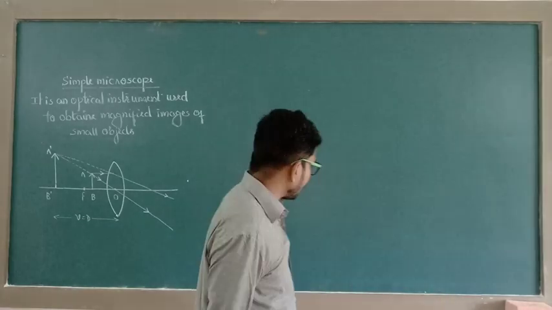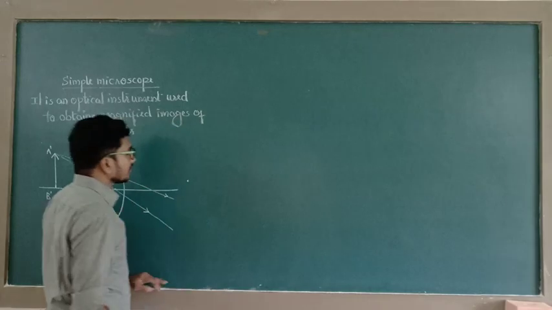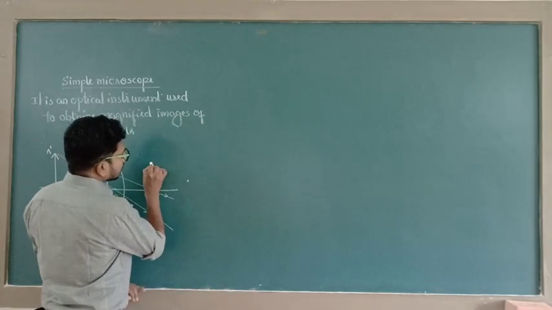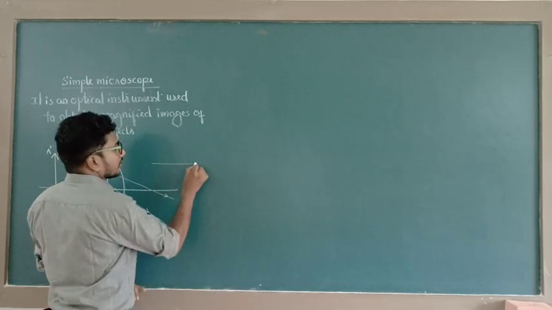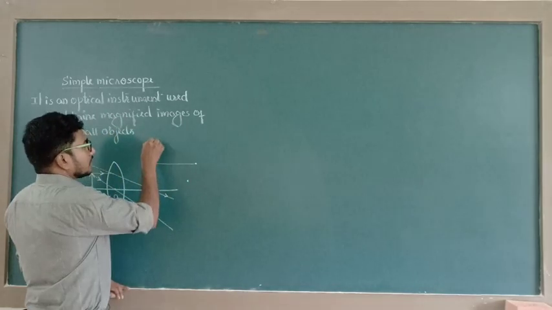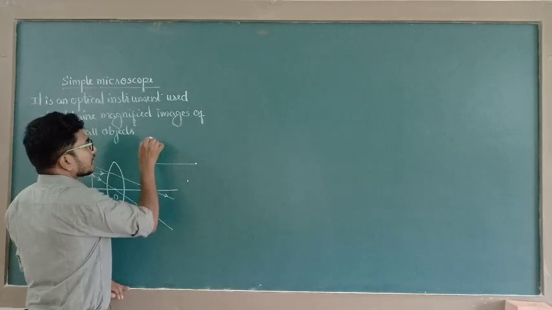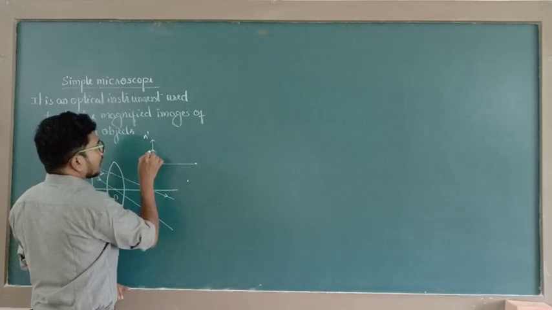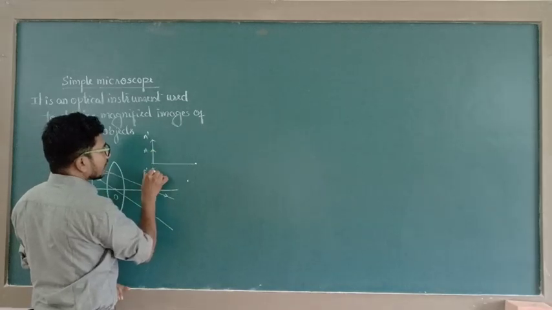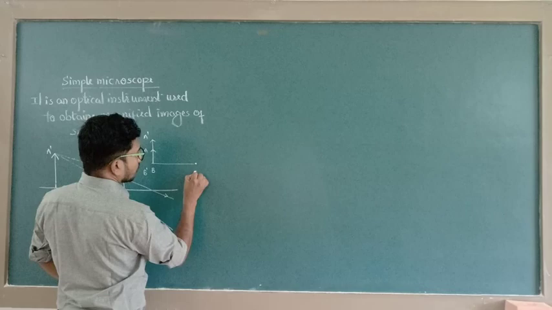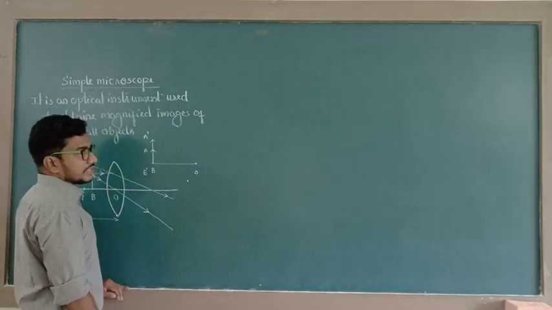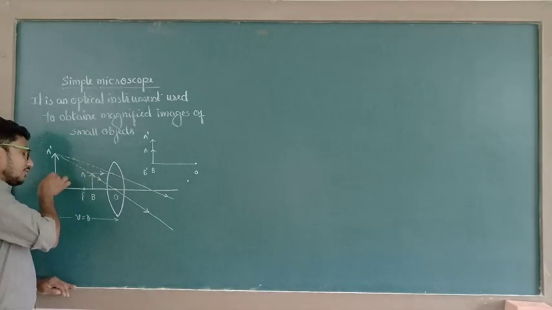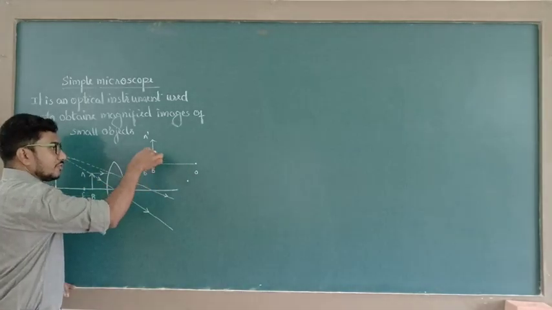So for your understanding purpose, this is the principal axis. Image A dash B dash, object AB, object distance or image distance. Now I am going to shift this object from this point to 25 centimeter.